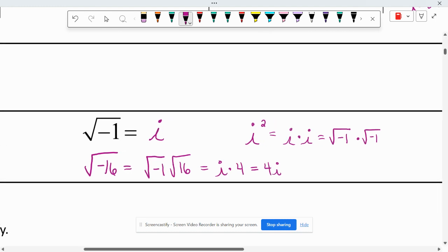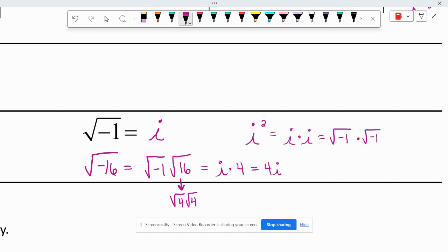Remember, if I had rewritten 16 as the square root of 4 times the square root of 4, the square root of 16 is 4.